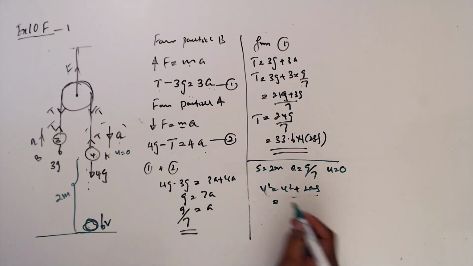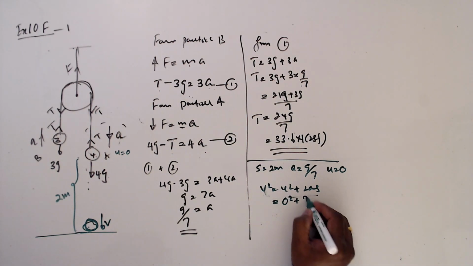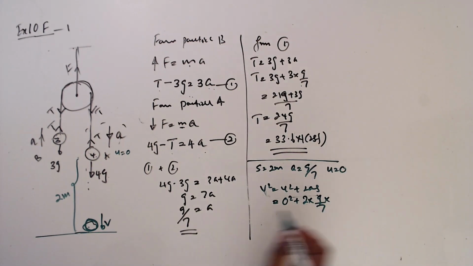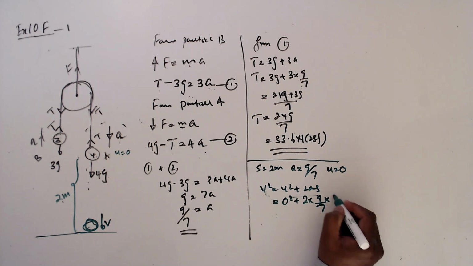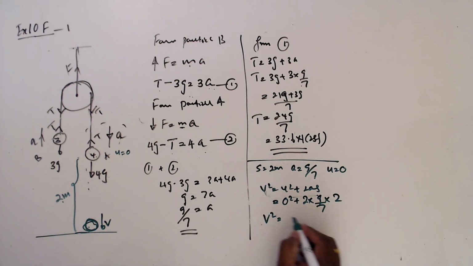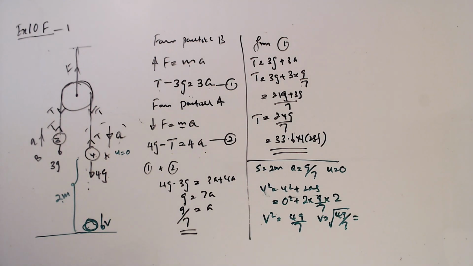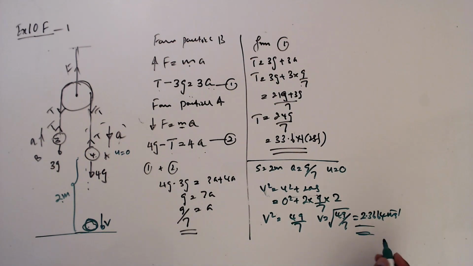So v squared equals 0 squared plus 2 times g over 7 times 2 meters. So v squared equals 4g over 7, so v equals the square root of 4g over 7. So the speed is 2.3664.